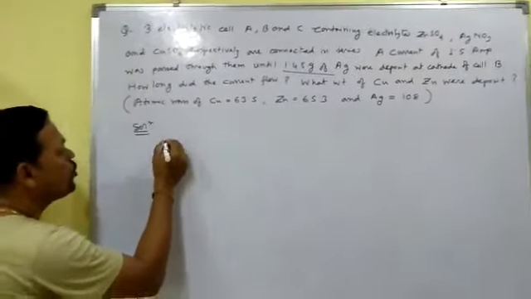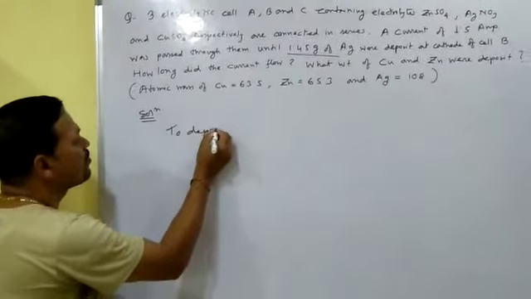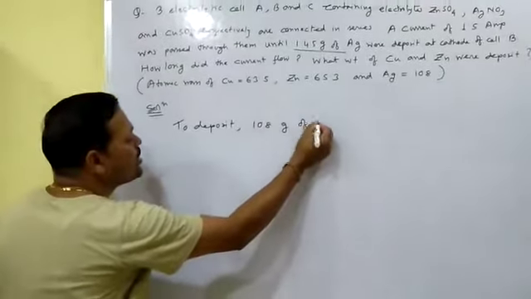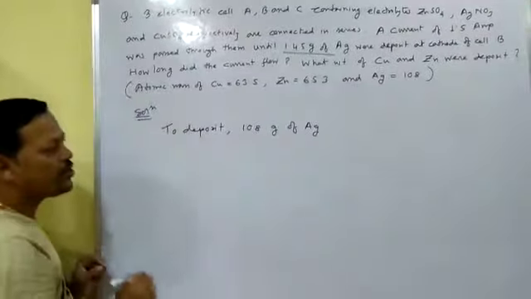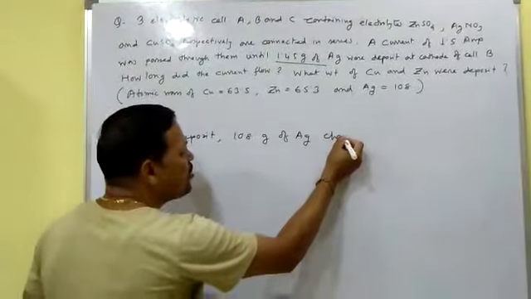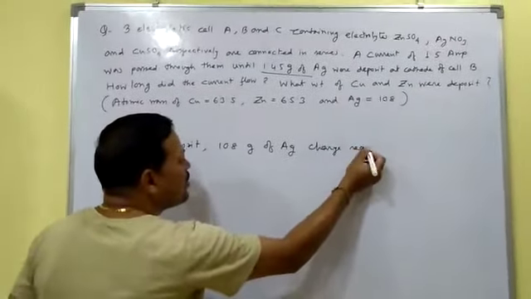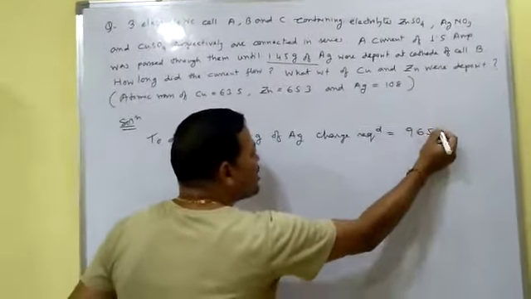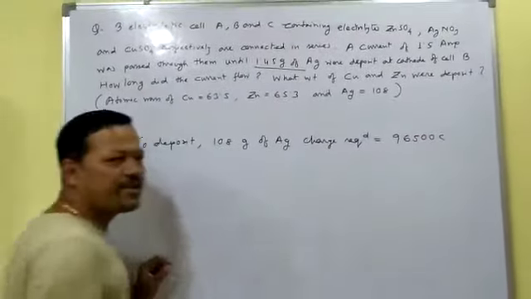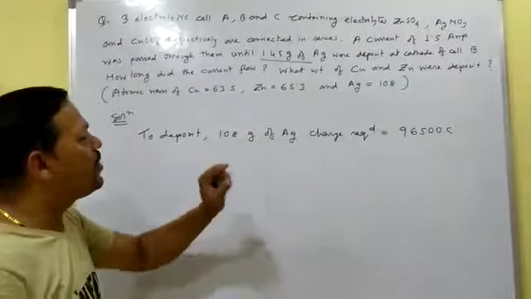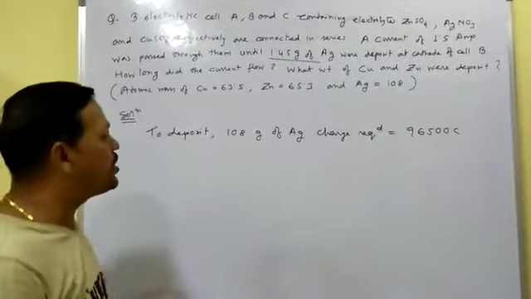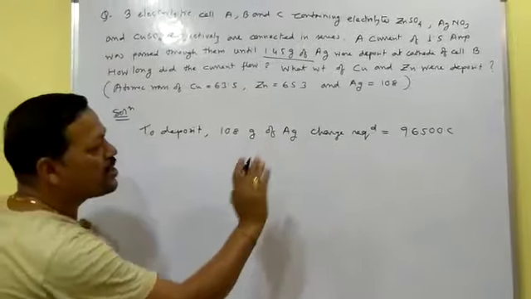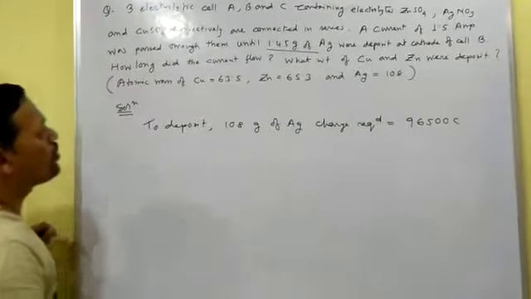So to deposit 108 gram of silver, I mean the equivalent mass of silver, the charge required is 96500 coulomb. If you pass 1 Faraday of electricity, always one equivalent mass is deposited.